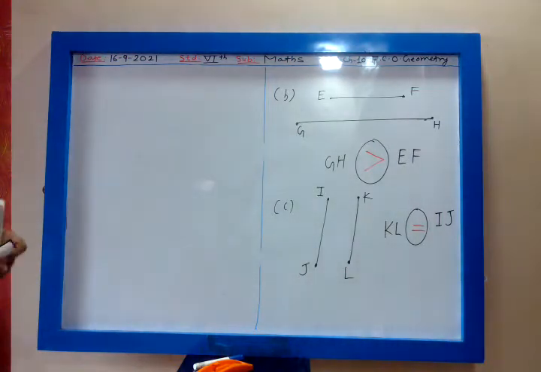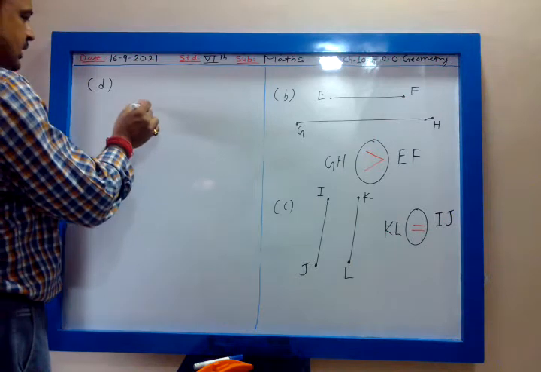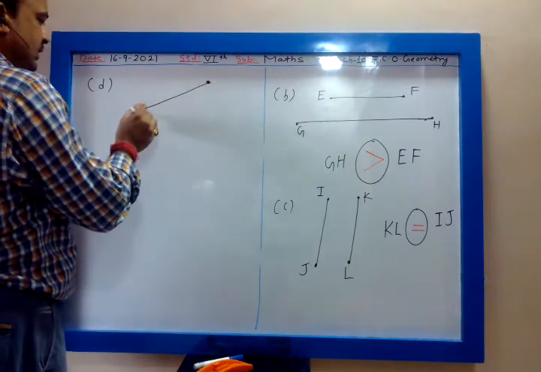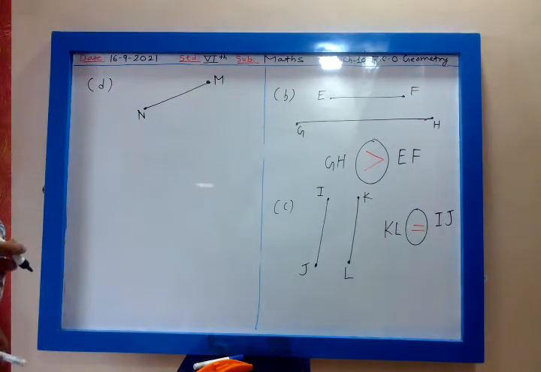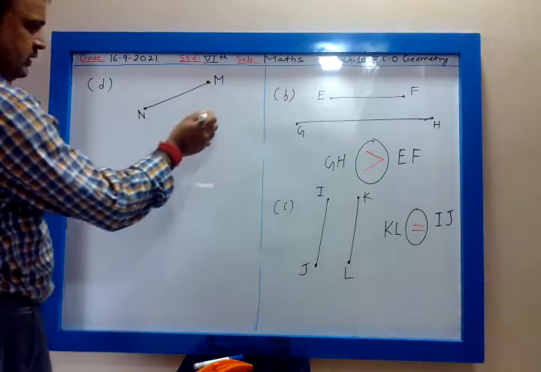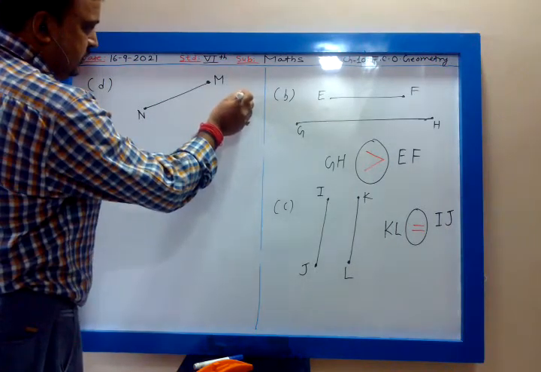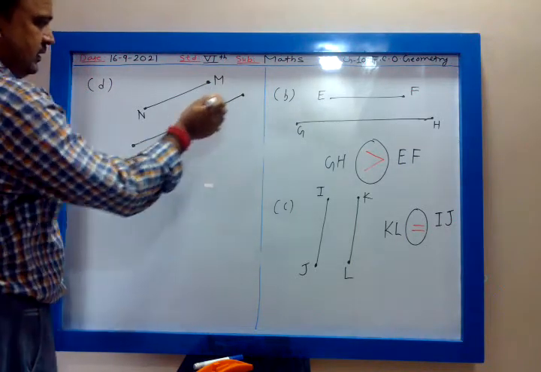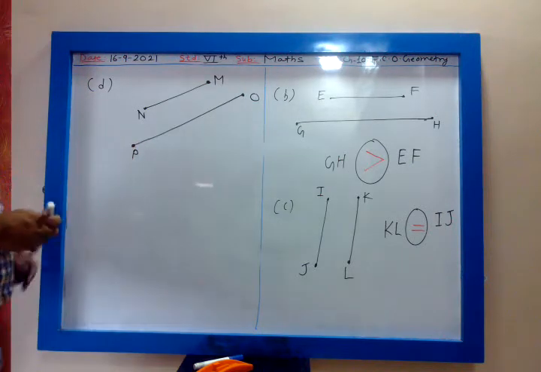Fourth one, MNOP. This is N, MN. This is O and this is P.